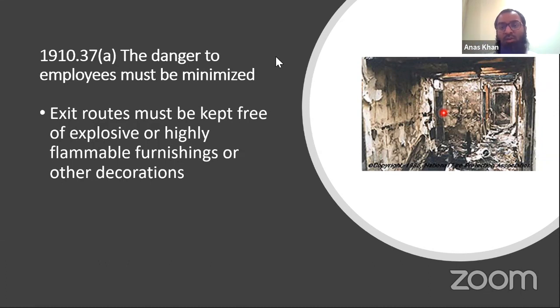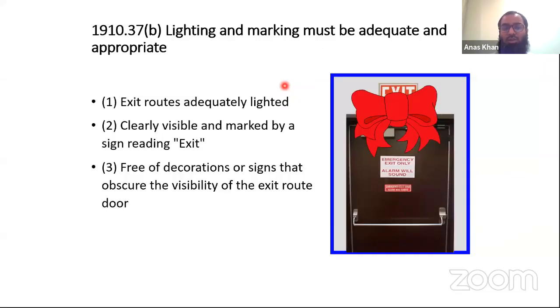If there is a fire, you cannot go to the emergency exit. So you should not keep or store hazardous or flammable material near the emergency exit. It must be a bit away, so in case of fire, people can go out from the emergency exit.